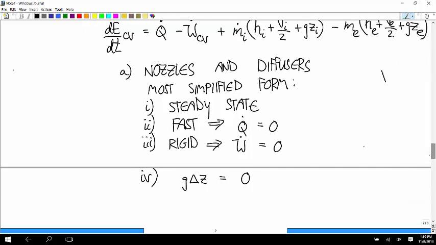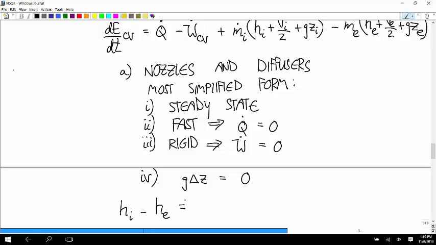So if you combine all these, you get that h_i minus h_e is equal to 1/2 times the quantity V exit squared minus V inlet squared.